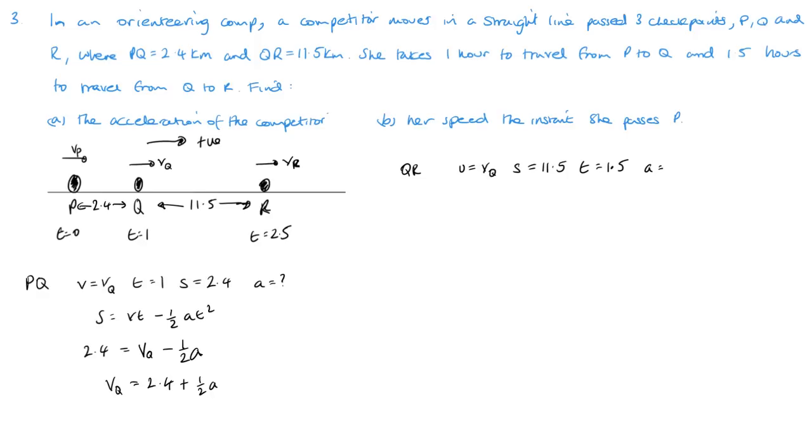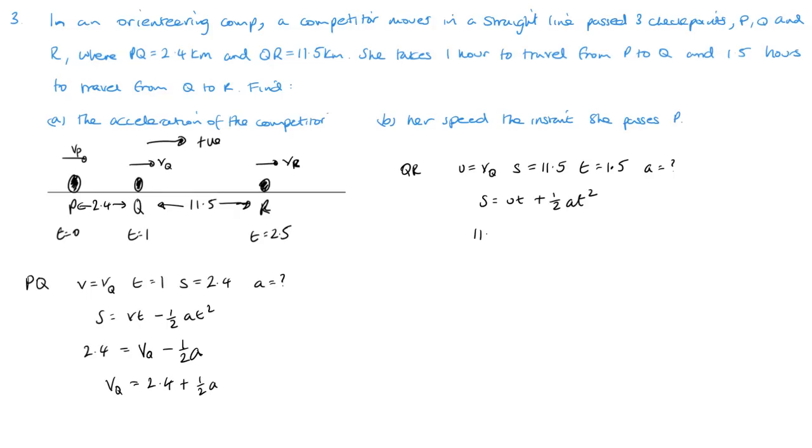Oh, and A, which is what we want to find out. So we need a formula again, and this time it will be S equals UT plus a half AT squared.